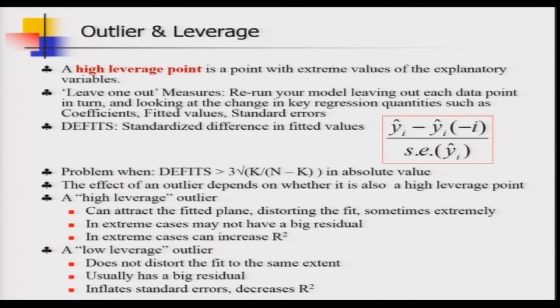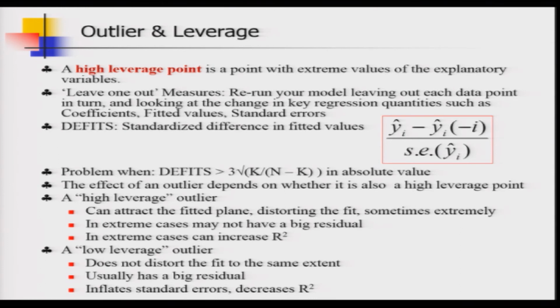Now, in the last part of this slide, I am going to talk about the linkage between leverage and the outlier. Let us first look at a high leverage outlier. What is a high leverage outlier? It can affect the fitted plane and distort the fit, sometimes extremely.